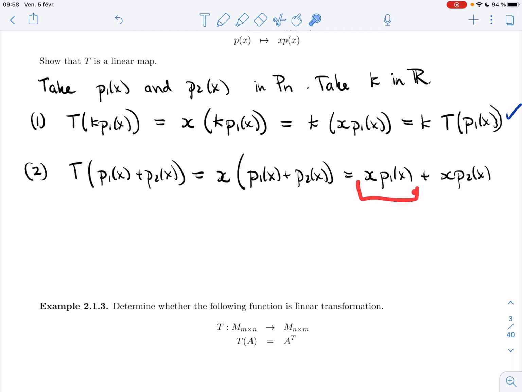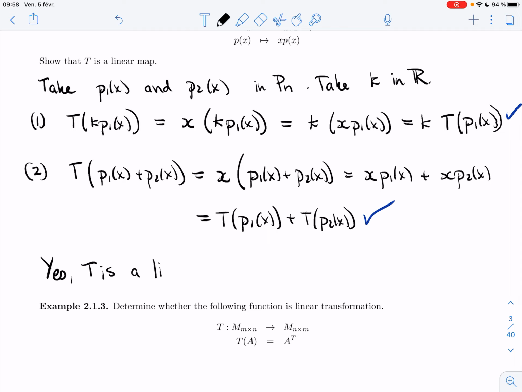This part is T of p1, this part is T of p2, and so we do get that T sends a sum to a sum. And so yes, T is a linear transformation.